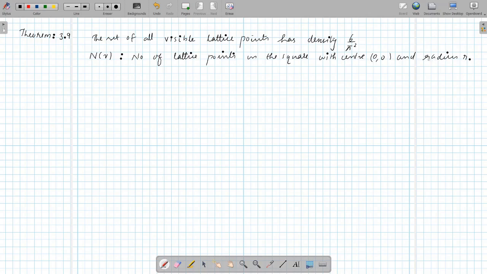By radius we mean the length of one side is 2r. That is the meaning of this radius. From the origin we have r units to the right and r units to the left.